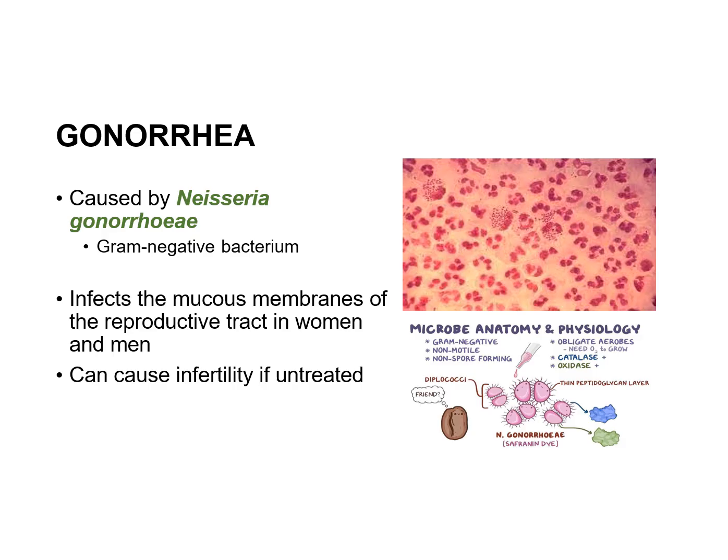That is a key diagnostic clue. This organism primarily infects the mucous membranes of the reproductive tract in both men and women, but it can also affect the rectum, pharynx, and conjunctiva. If left untreated, gonorrhea can lead to serious complications, including pelvic inflammatory disease, infertility, and disseminated gonococcal infection.